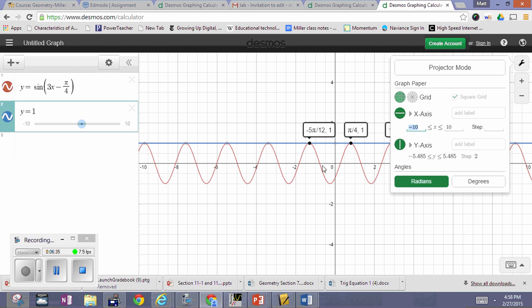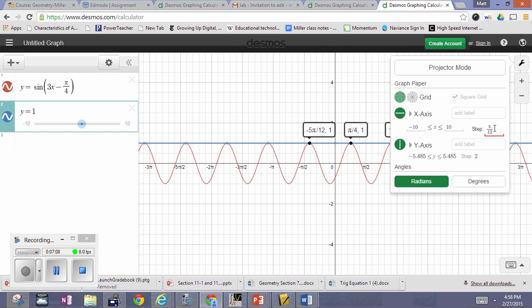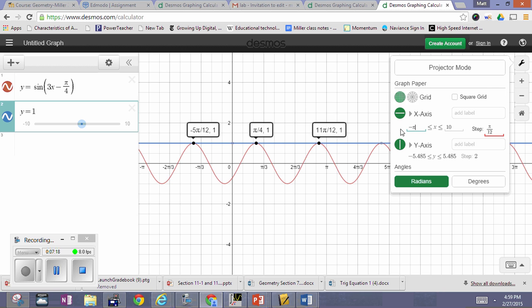We know that we're phase shifted by c over b, so that should be pi over 4 divided by 3, which is pi over 12. So I'm going to show the increments of pi over 12, and I think I can just go from negative pi to positive pi, and we get a pretty good view of this function.